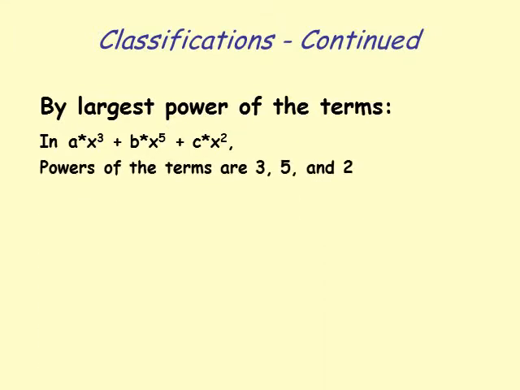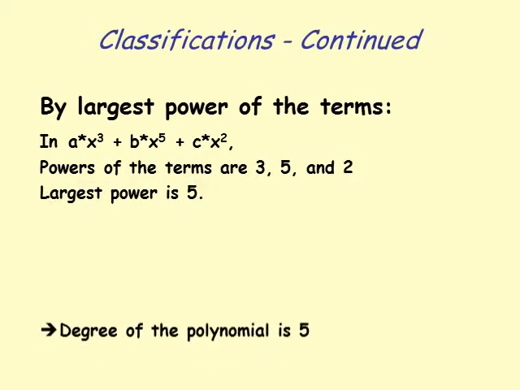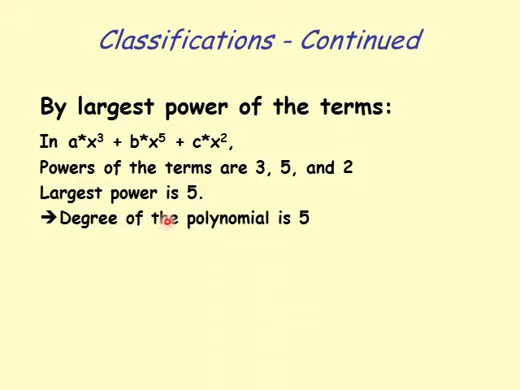The powers of the terms are 3, 5, and 2. 5 is the largest, so the largest flag value is 5. That tells me the degree of the polynomial is 5, for this polynomial a times x cubed plus b times x to the 5th power plus c times x squared.